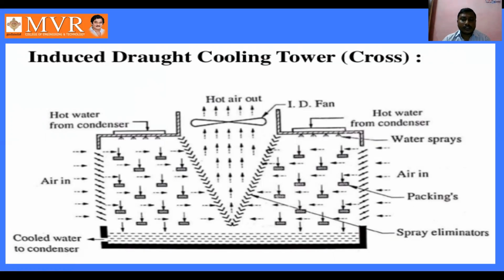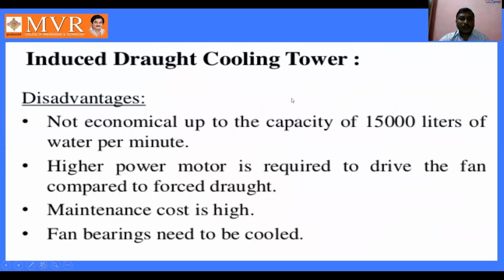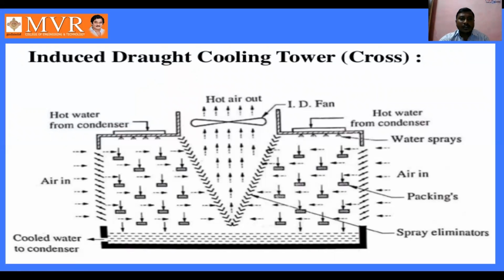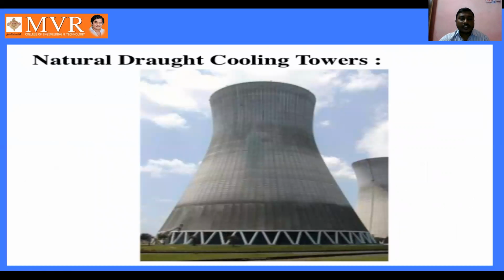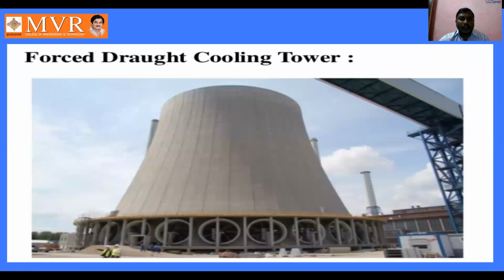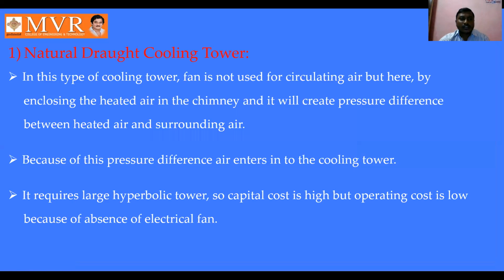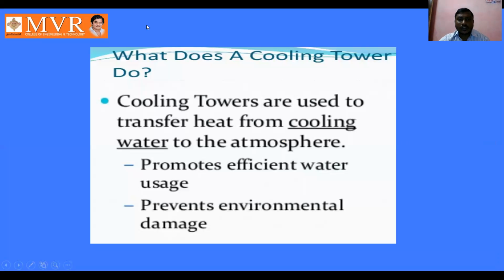We have studied this in this video. We have also learned about the advantages and disadvantages of natural, forced, and induced draft. A cooling tower is used to transfer heat from cooling water to the atmosphere.